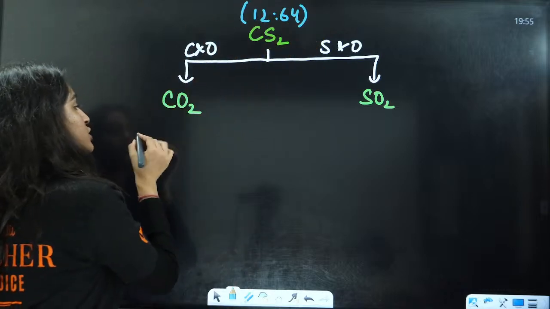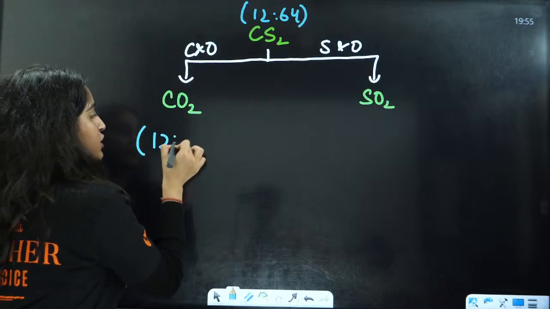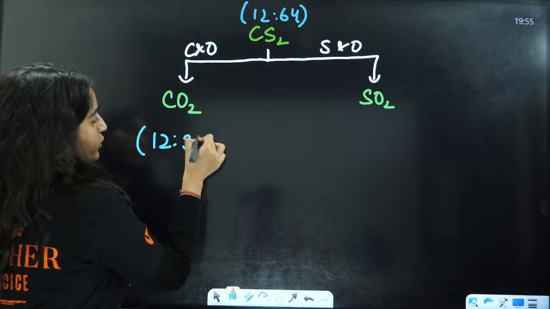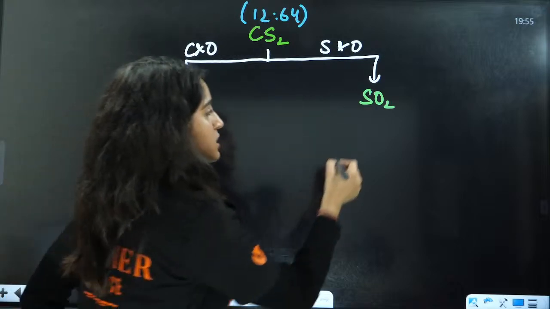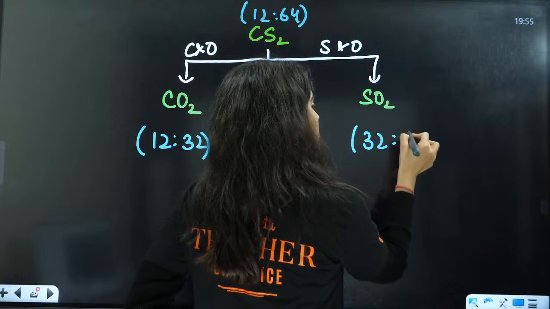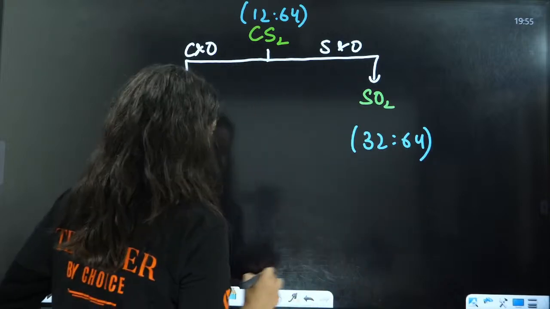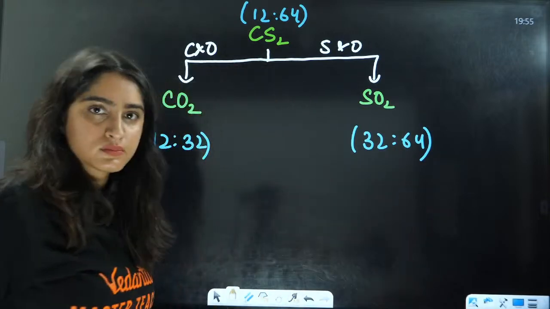And for sulfur to oxygen, it is 32 ratio 64.